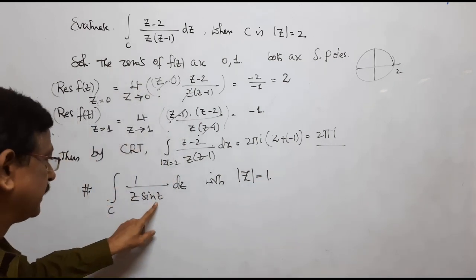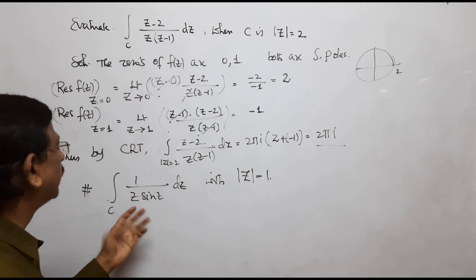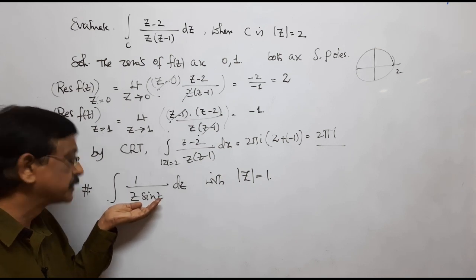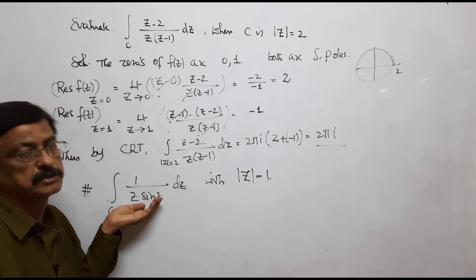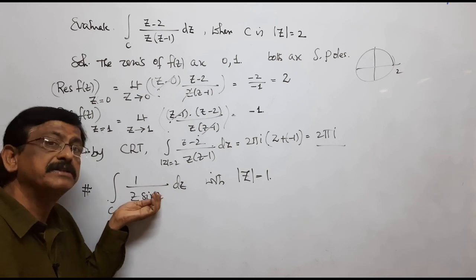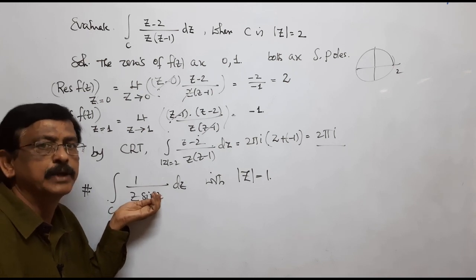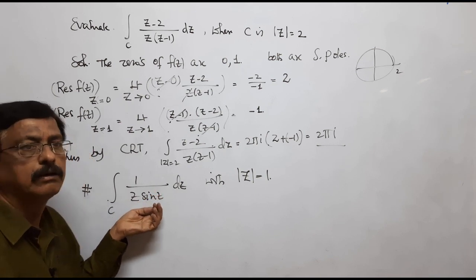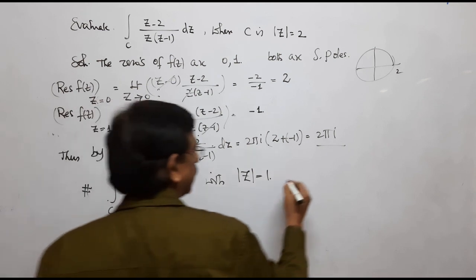Let us see the zeros. You can write z equal to 0 and sin z equal to 0, so n is 0.